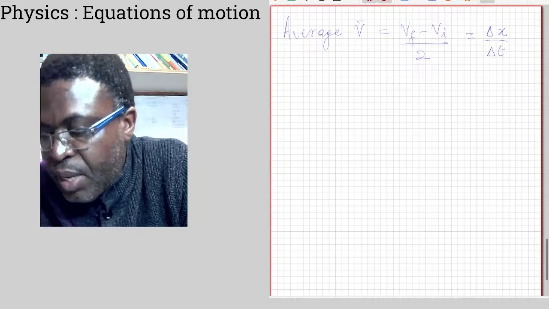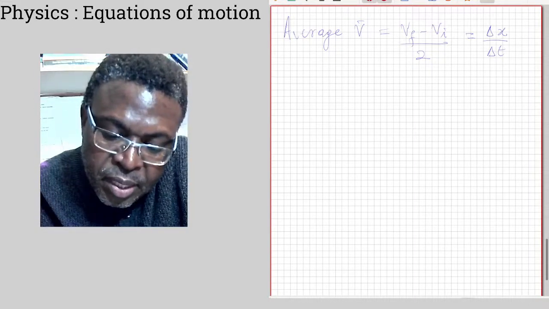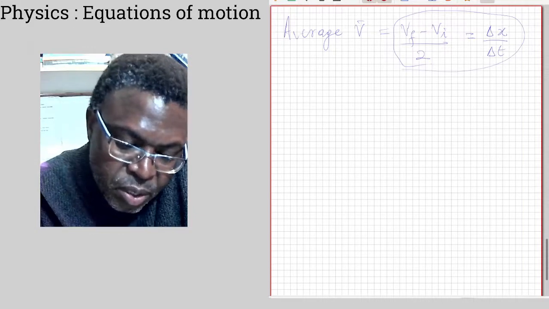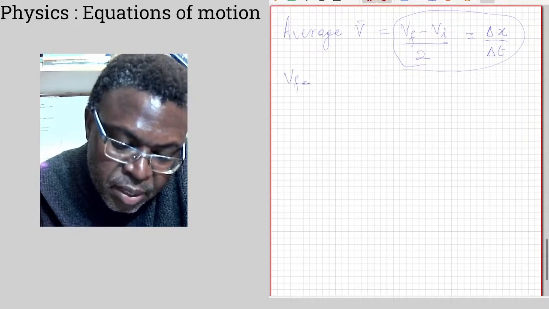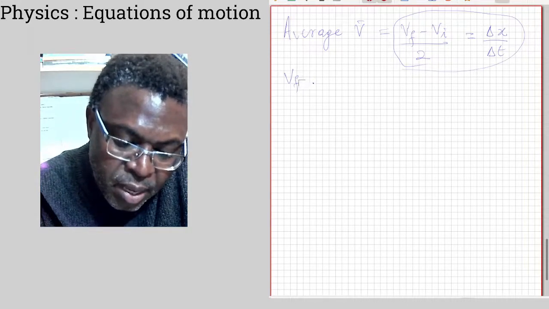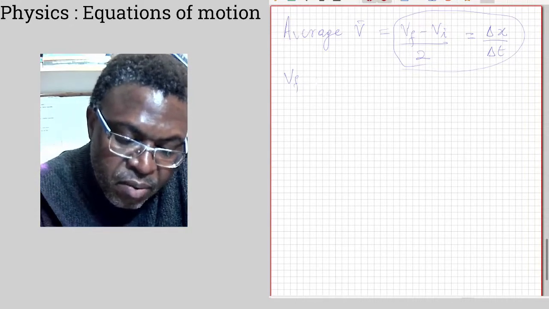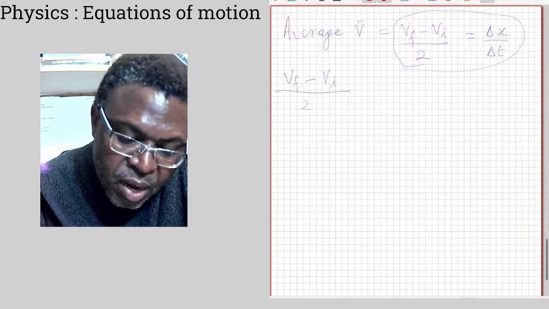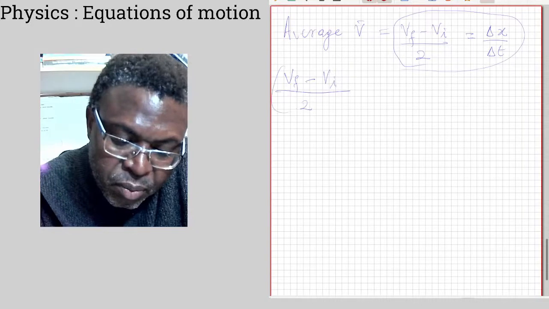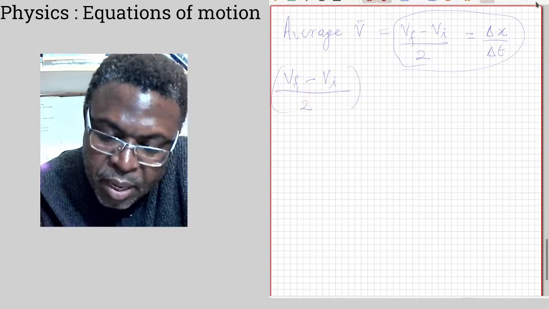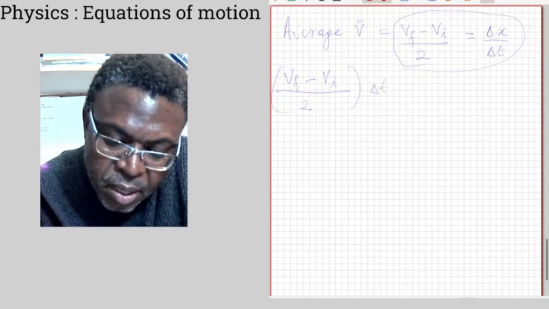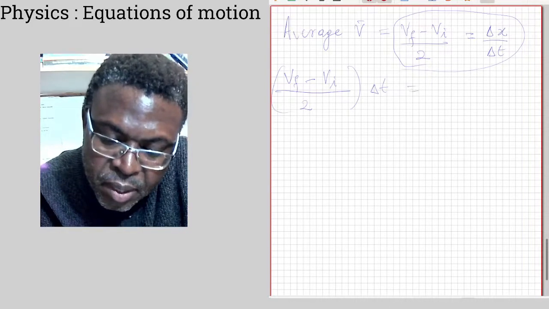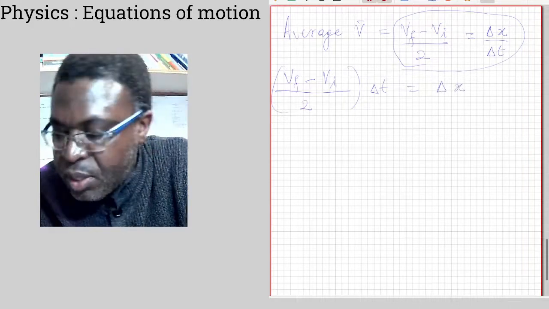Now, this is the section that we're going to use. So we have Vf minus Vi over 2, all multiplied by change in t, equals change in x.